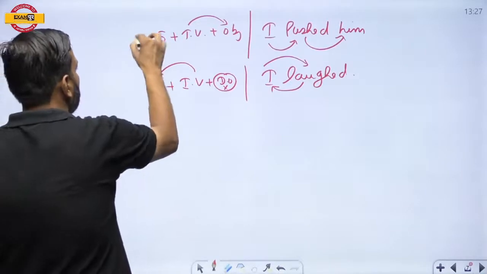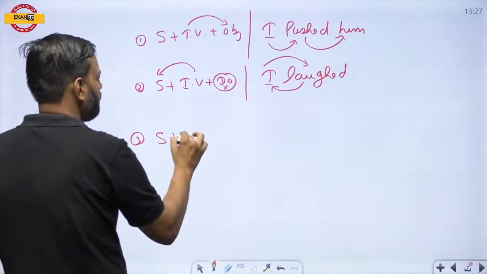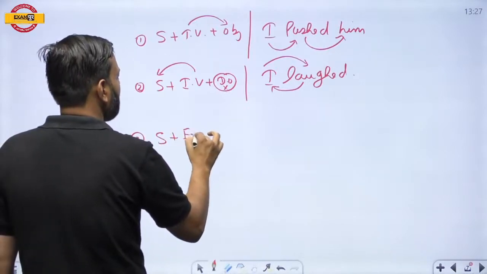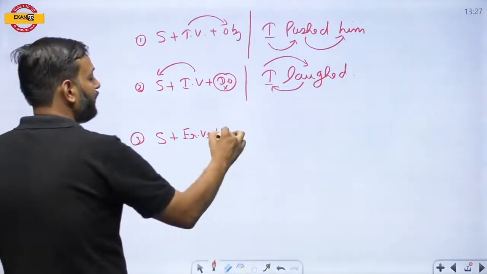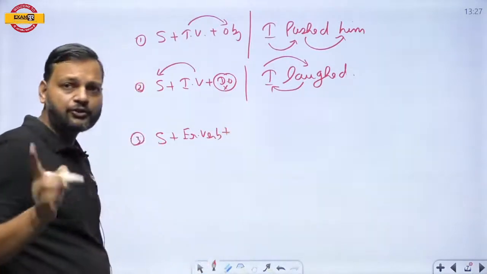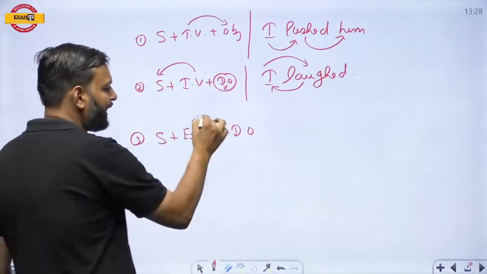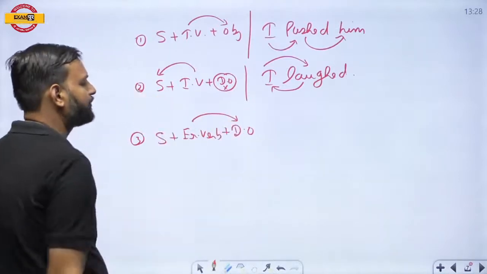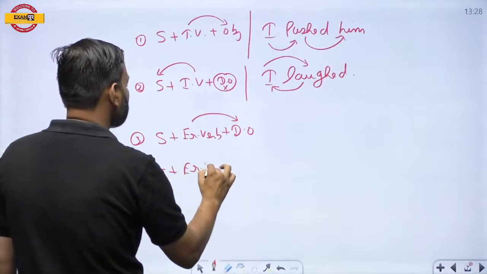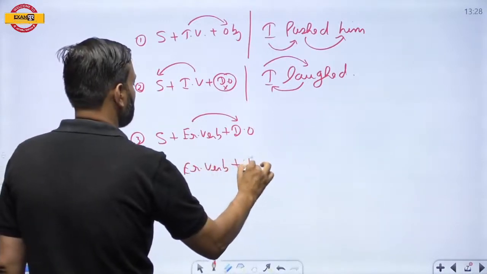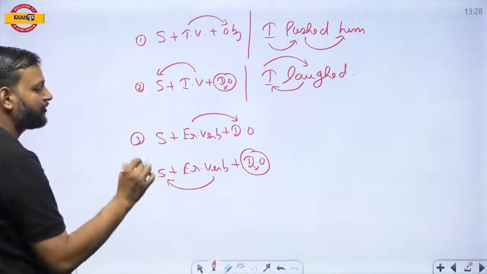But if it is an ergative verb, now with an ergative verb, both situations are possible. If there is an object after it, the ergative verb may move towards the object, and if an ergative verb does not have a direct object after it, it comes back towards the subject.